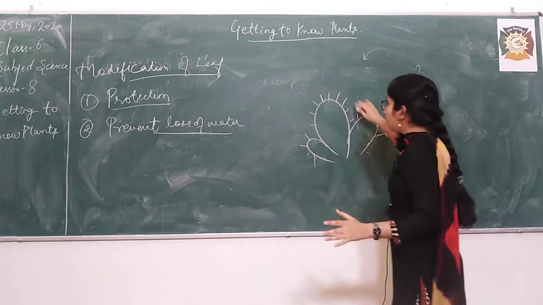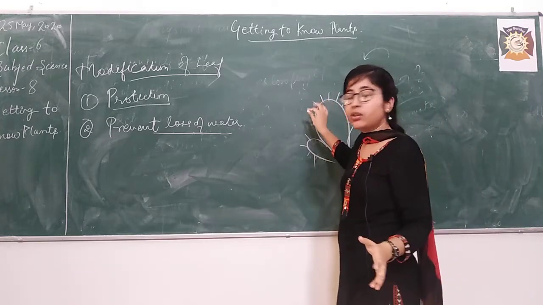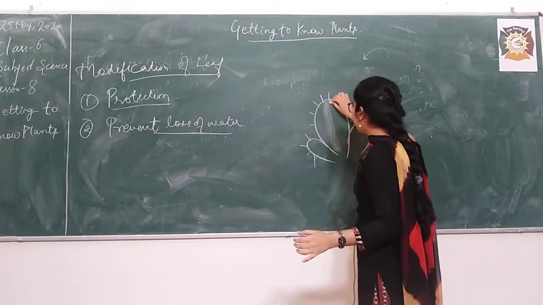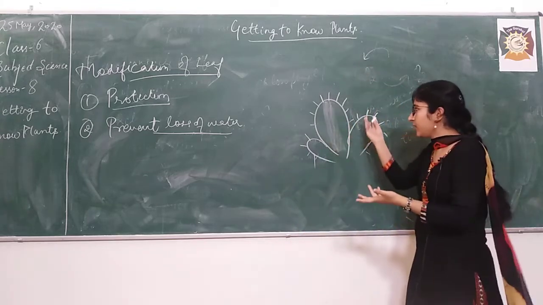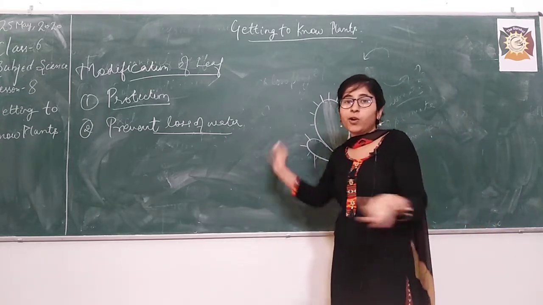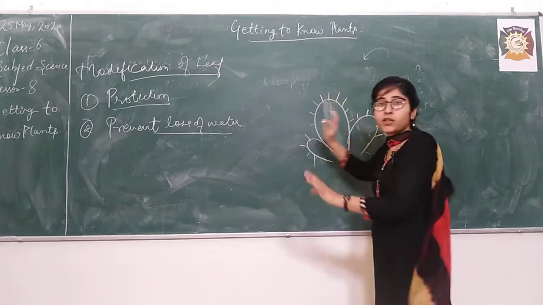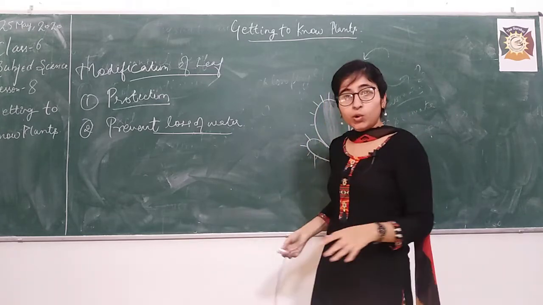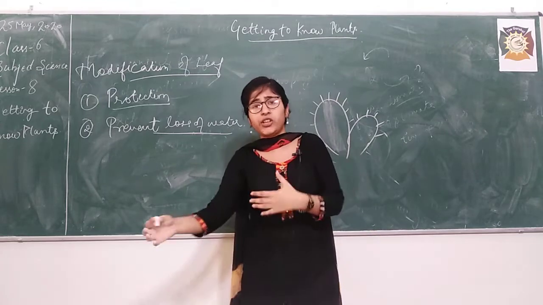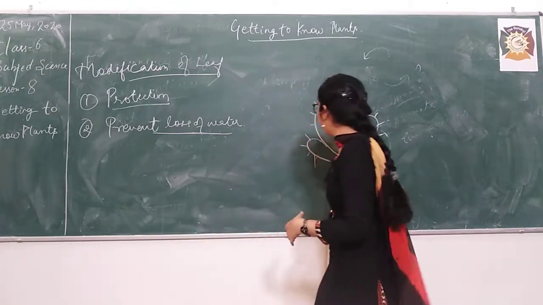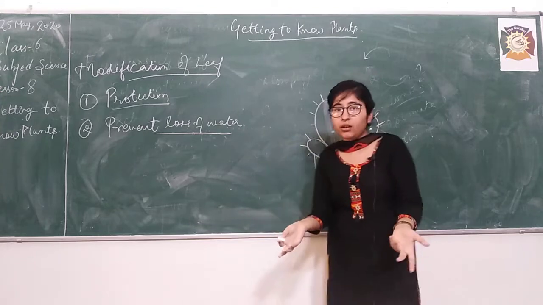But these spines present on the leaves of cactus are very helpful to this plant. How? Why are they present? They are not present for decoration. There is a purpose of the thorns. When grazing animals, the camel and other grazing animals, go near this plant, they can't eat it.